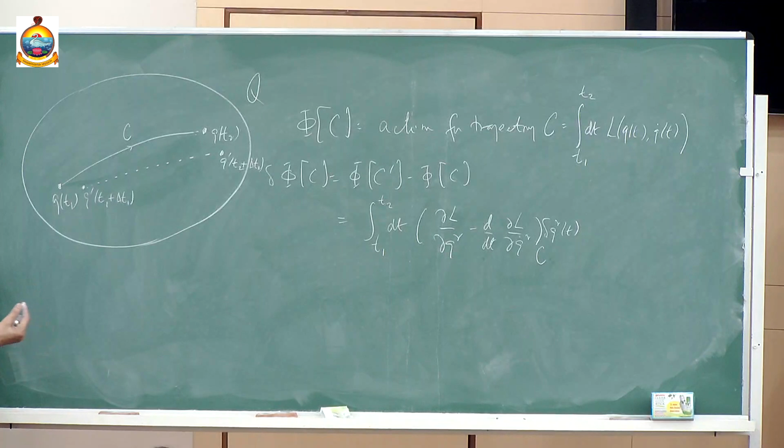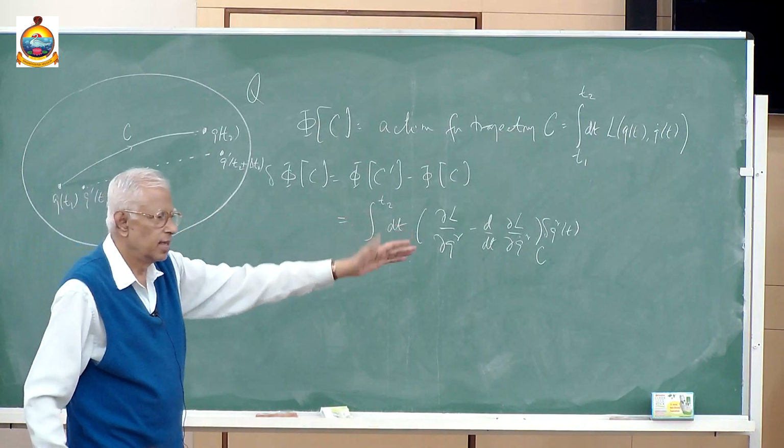So, what are the changes we are imagining? We are imagining a change in the initial time t1. We will allow t1 to change to t1 plus delta t1. We allow the final time to change to t2 plus delta t2. And in between, we allow q to change at each intermediate time in the way we have done it here.